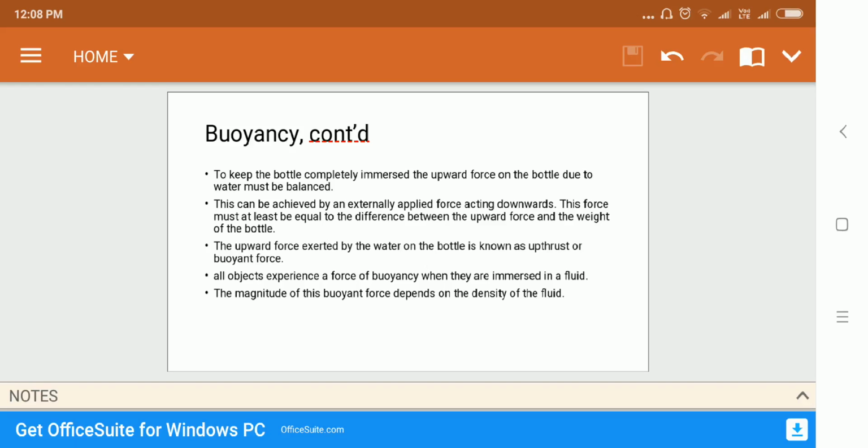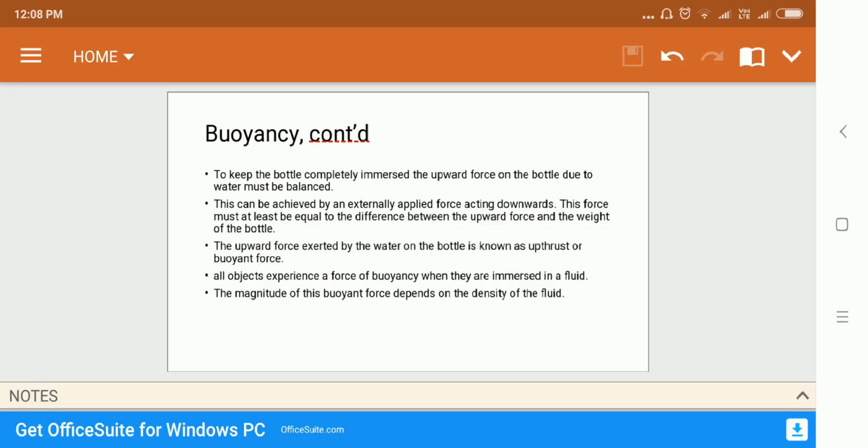If we take an empty sealed bottle and push it into a bucket filled with water, it moves downward in the water. When we release it, the bottle comes upward. If we want to maintain the position of the bottle in the water, how much force do we require?